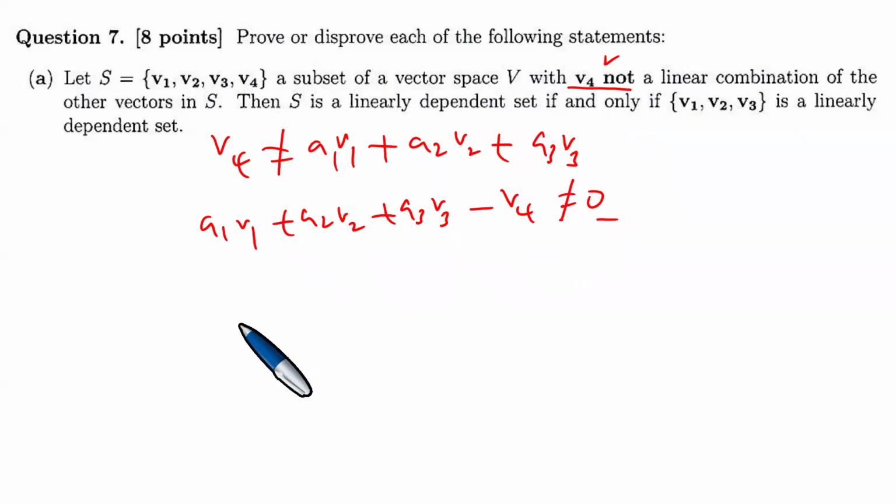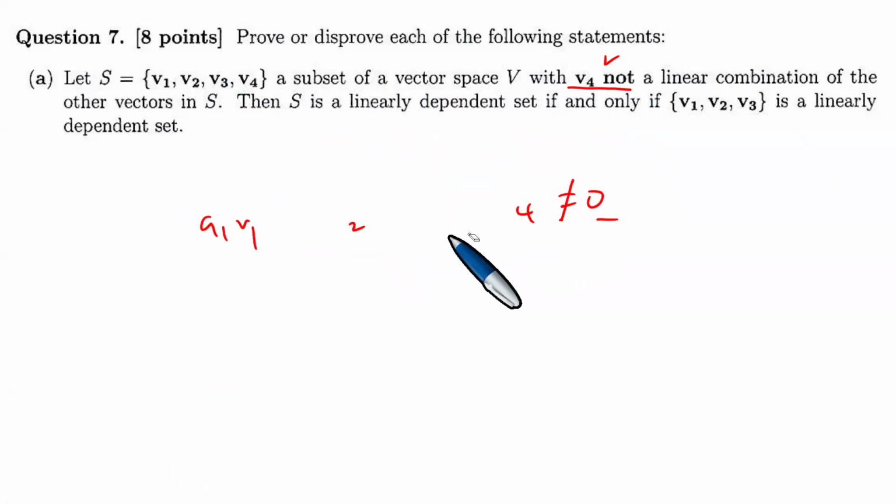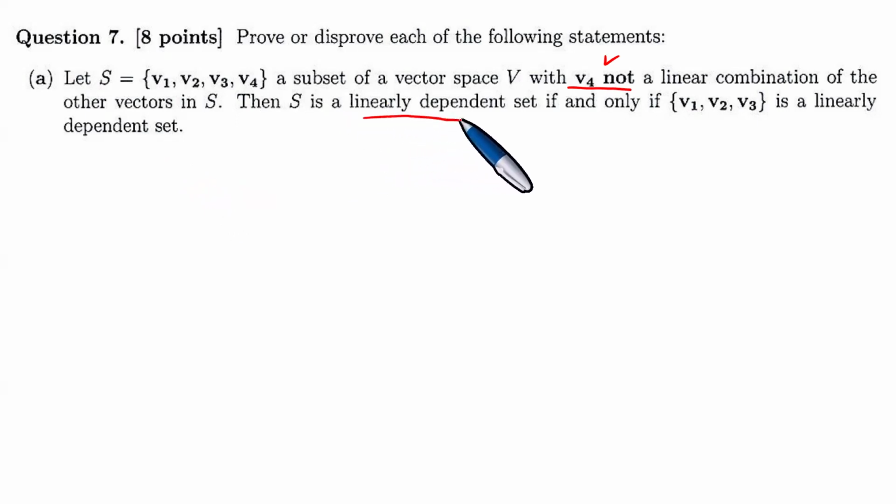So I want us to prove this. But how do you prove this, and how do you make sure you are on point? Because there are just too many things you can say here. Now I want us to look at the fact that S is linearly dependent if and only if the three vectors form a linearly dependent set.